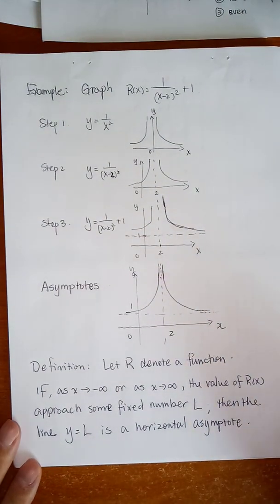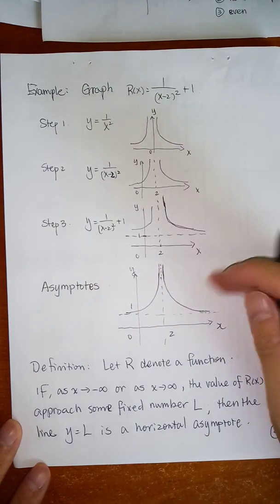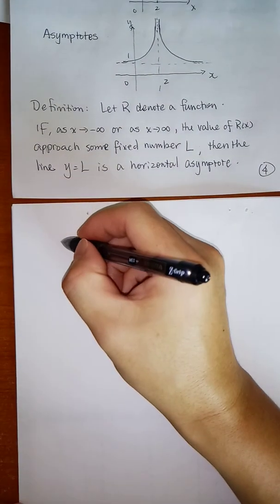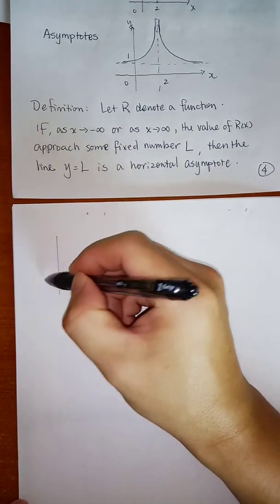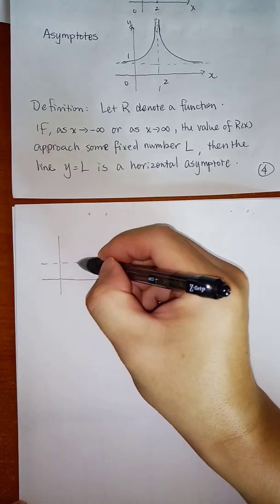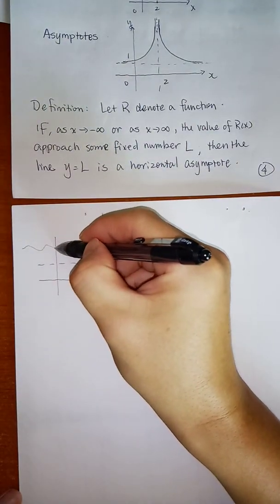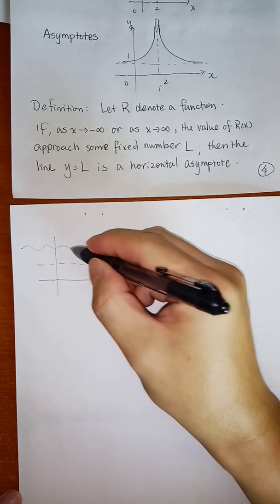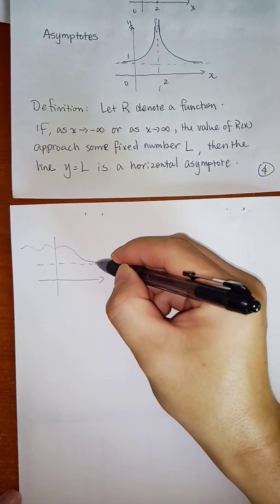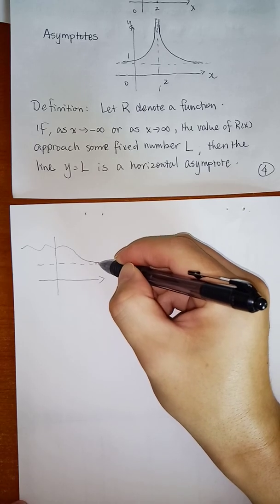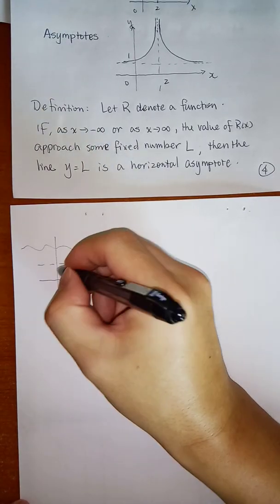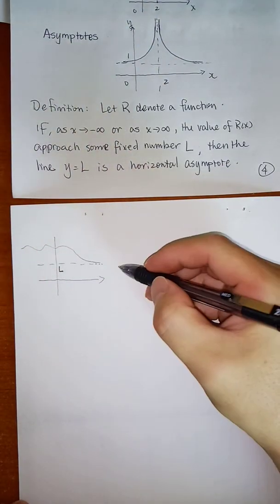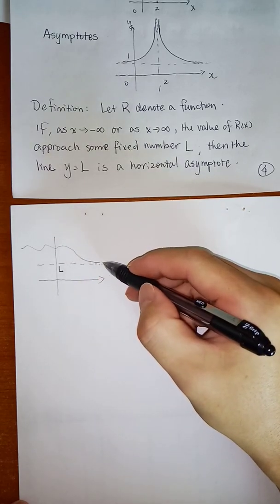Okay, so here this is one example, but usually the general example is like this. So your graph, possibly you see here, has whatever shape, but eventually it approaches. From the graph, you will see that when x approaches positive infinity, the graph is very, very close to L. If this happens, this line, horizontal line y equals L, is a horizontal asymptote. It can approach L from this direction.